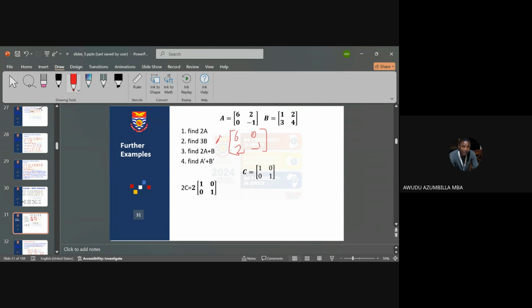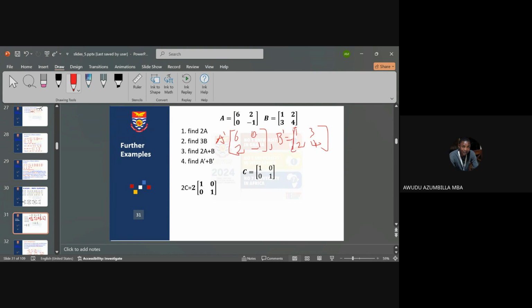So you have A prime. What is B prime? B prime is also the transpose of B. So what are you going to get here? This is B. What you do is change the rows to columns. So here you have 1, 2, and then 3, 4. You have done the transpose of this.